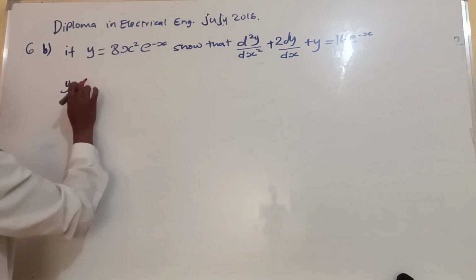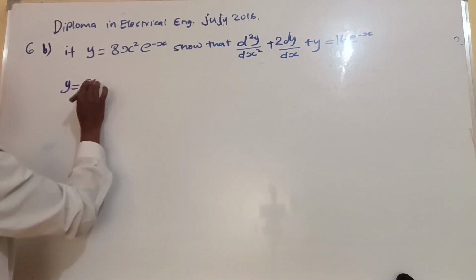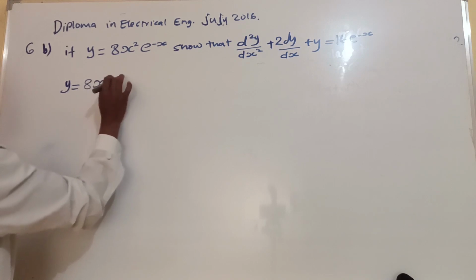You have y is equal to 8x squared exponential negative x.